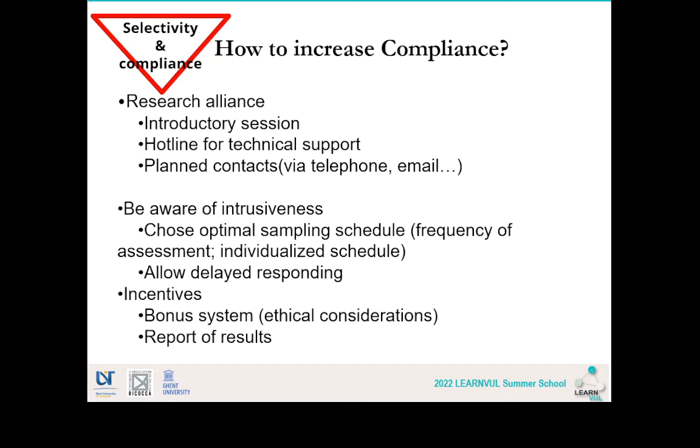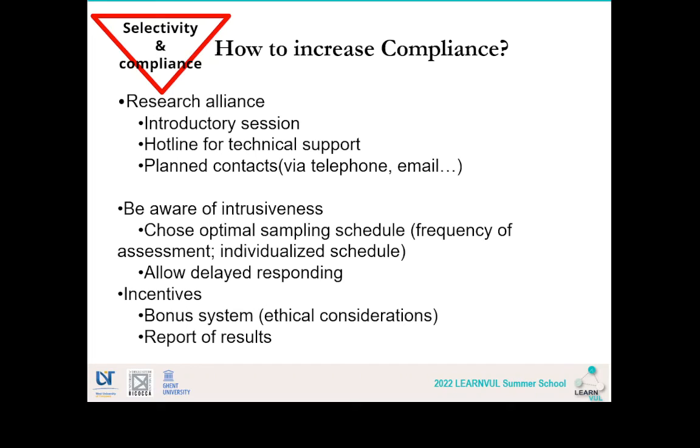Research alliance is important too, for example when you present to the participant the aim of the research, so you include the participant. The participant knows that he's part of something, and he's not just a subject in the experiment. You need to create this feeling that I'm part of something, and the compliance will go up. And if there are problems, you need to be there responding.